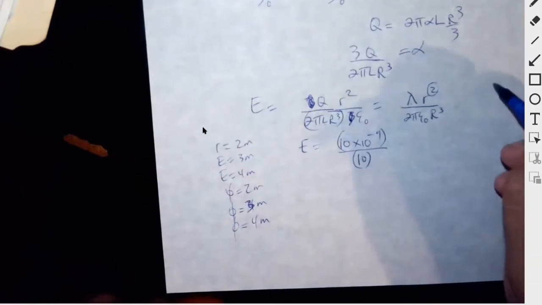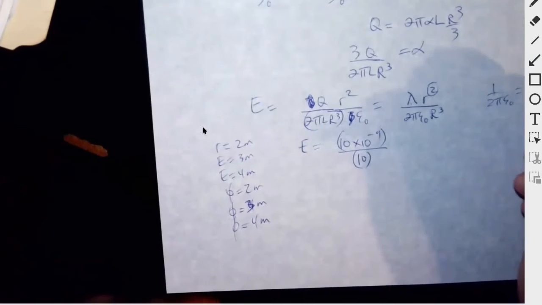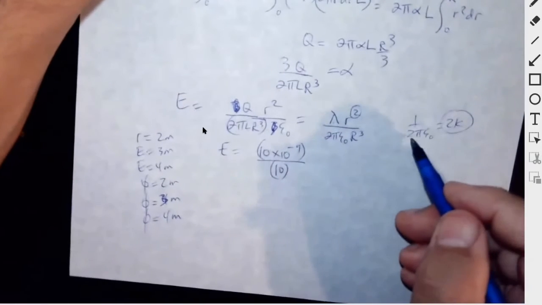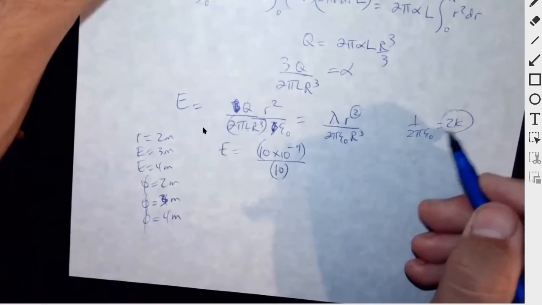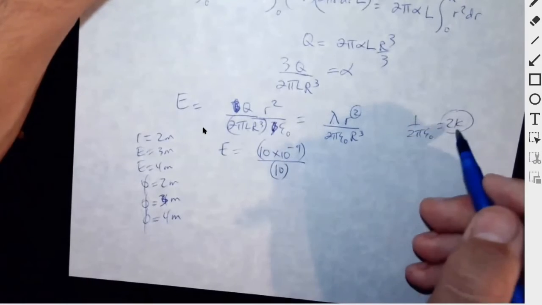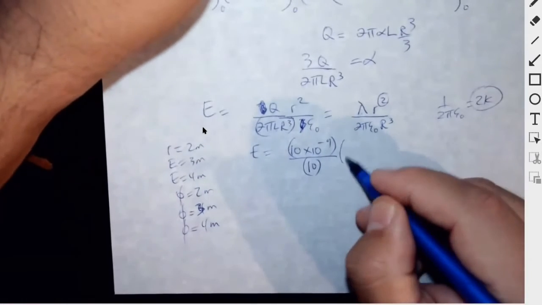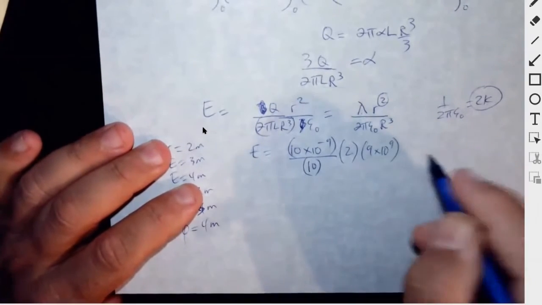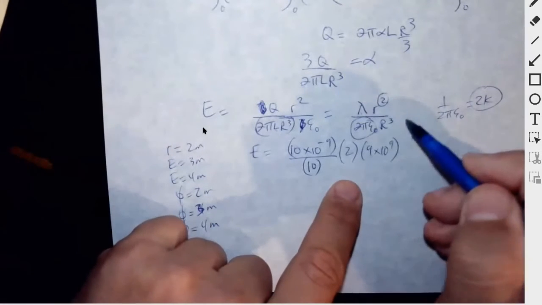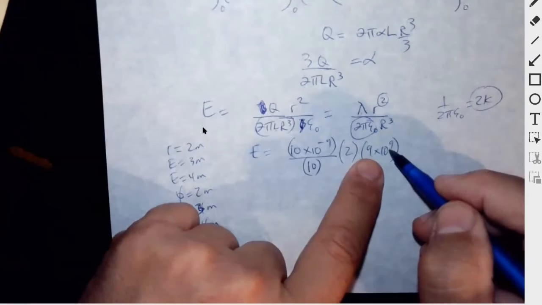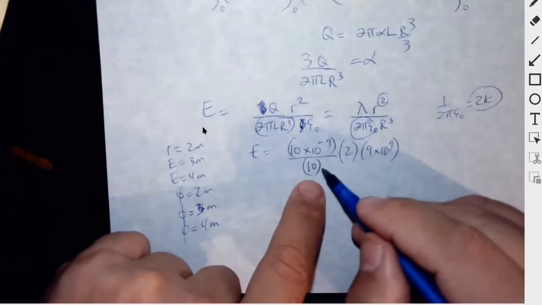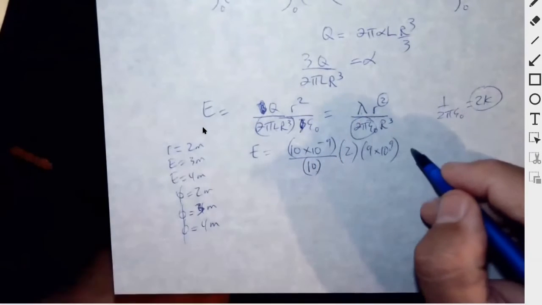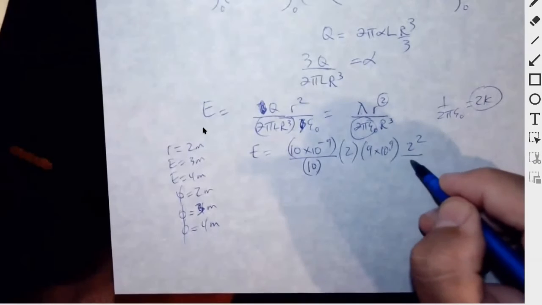The 1 over 2 pi epsilon naught I just usually express as 2K, because remember, 1 over 4 pi epsilon naught is K, so 1 over 2 pi epsilon naught is 2K. So that's going to be 2 times 9 times 10 to the 9th. So I've taken care of the K, the 2, this is the length, this is the charge. Then you do r squared, so 2 squared over the radius cubed.